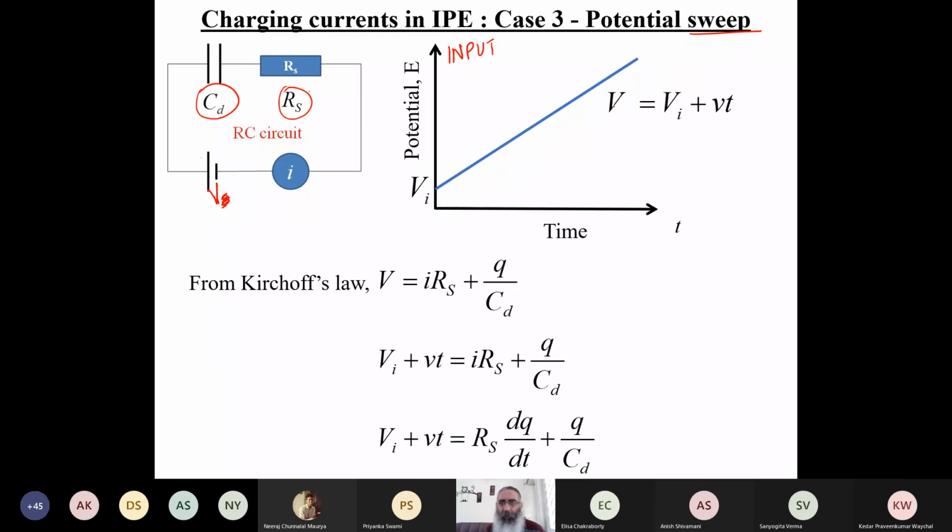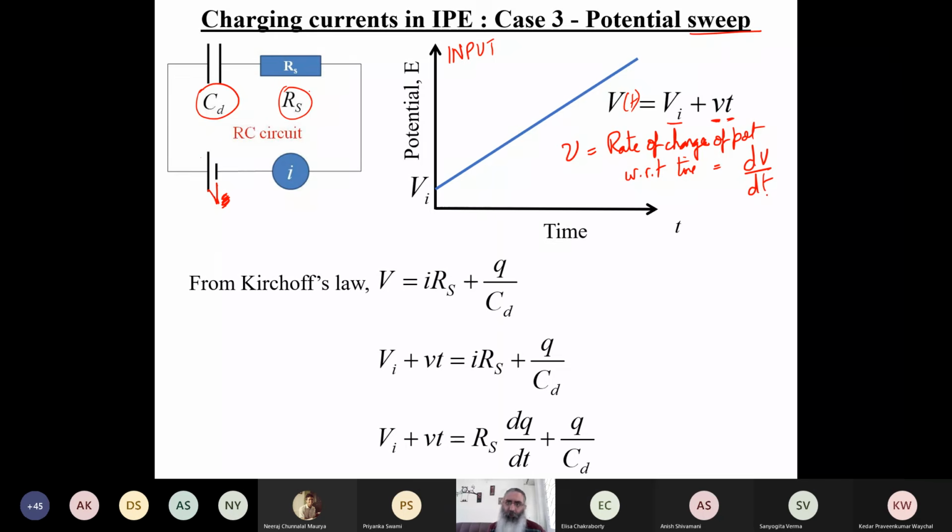And you know that the potential at any time t is going to be equal to the initial potential plus the rate of change of potential and time. So nu is the rate of change of potential with respect to time, that is, in a mathematical sense, dV by dt.